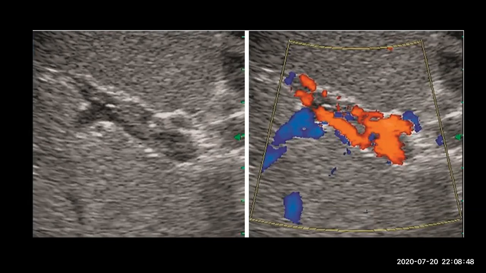This is partial thrombus in the portal vein. And the flow of the blood is normal, hepatopetal. Okay, very good. Hepatopetal flow with partial thrombus. And we move to the third case.